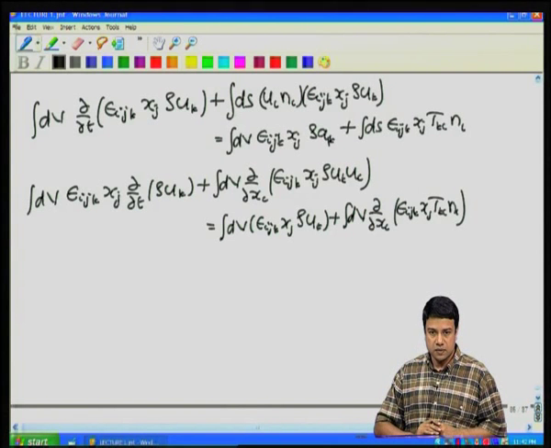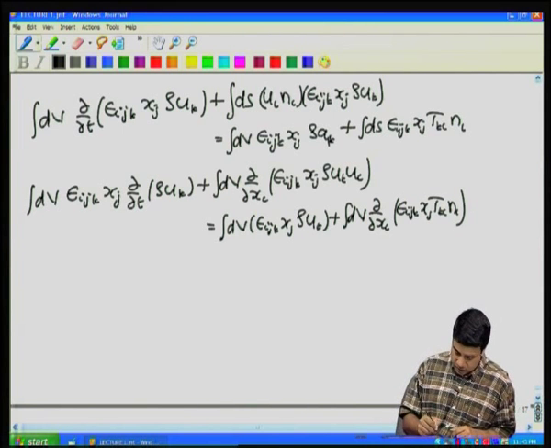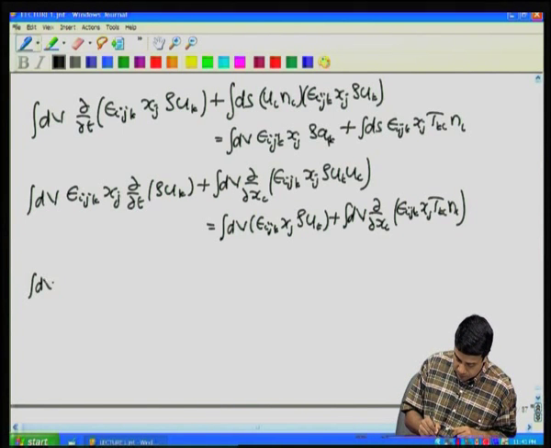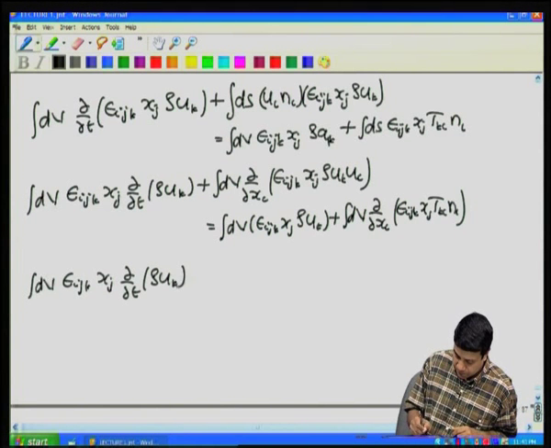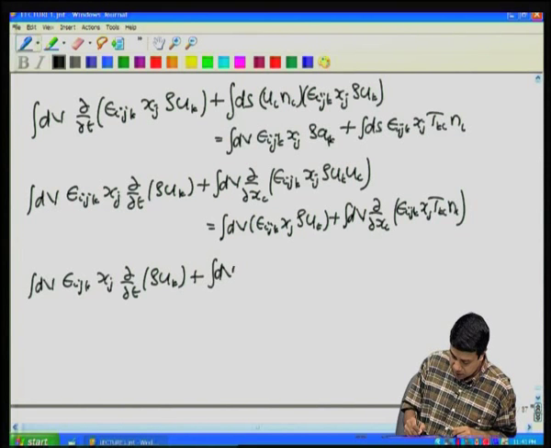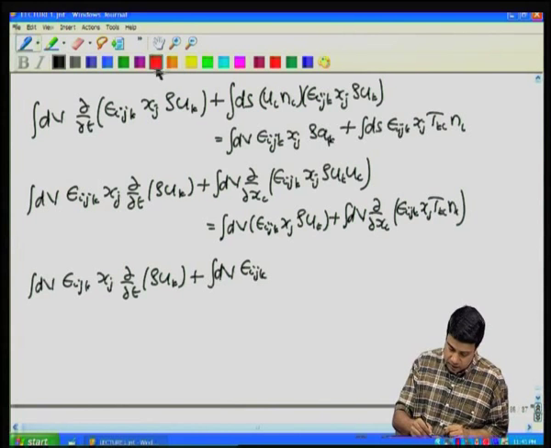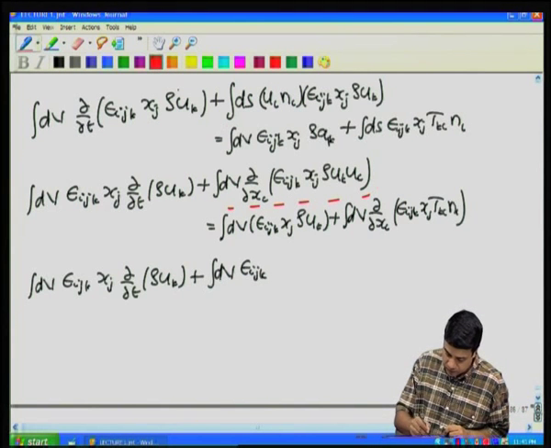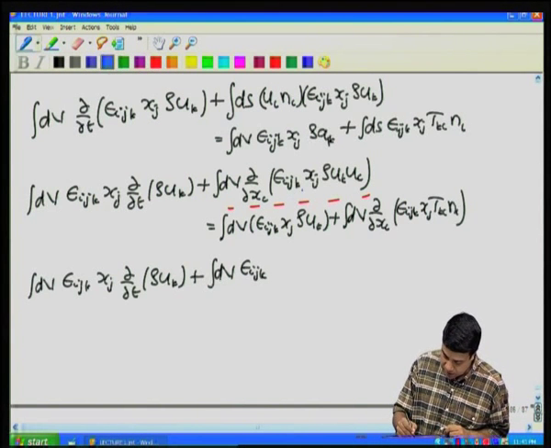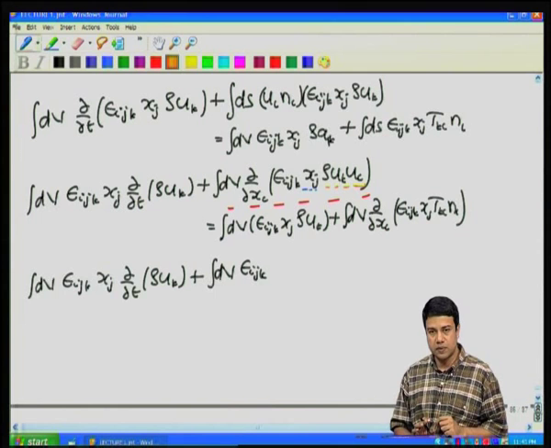In this equation I use the chain rule for differentiation, and I get the integral over the volume of epsilon_ijk x_j partial by partial t of rho u_k, plus the integral dV epsilon_ijk. Now, in this term I have one derivative with respect to x_l and the other part is what is remaining, rho u_k u_l, so I can separate out those two.